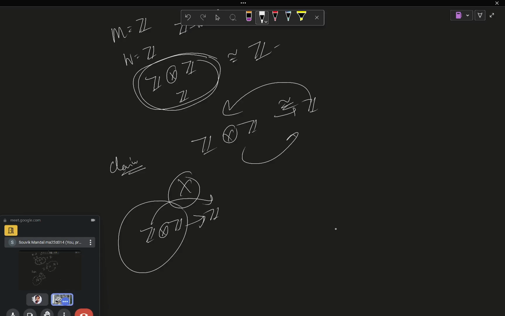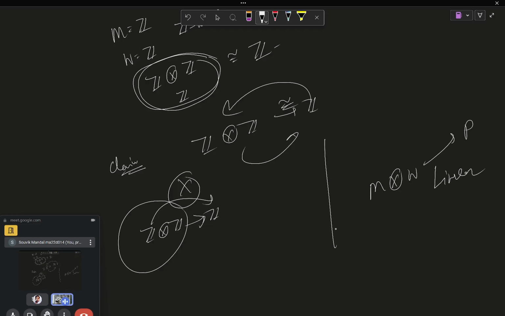Here we know how to construct at least a map from something M tensor N to P. In order to construct some map, we need to first make some bilinear map from Z cross Z to Z. Let me explain.